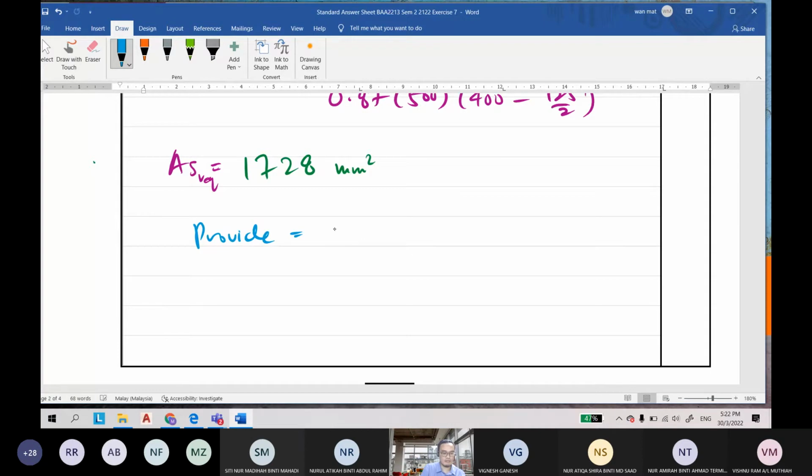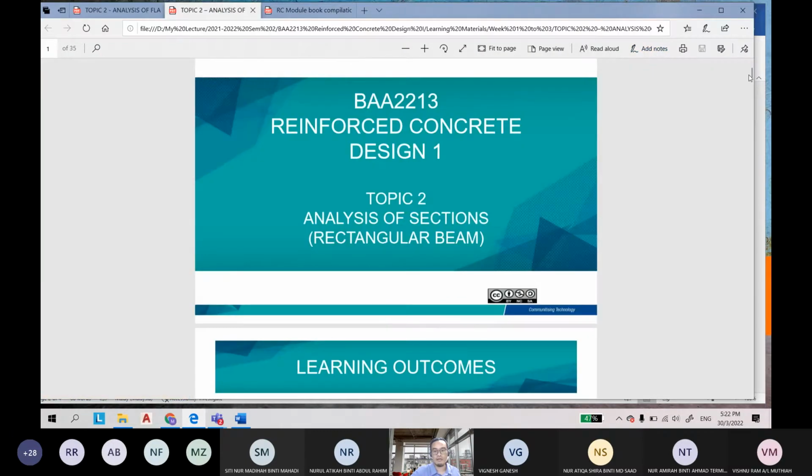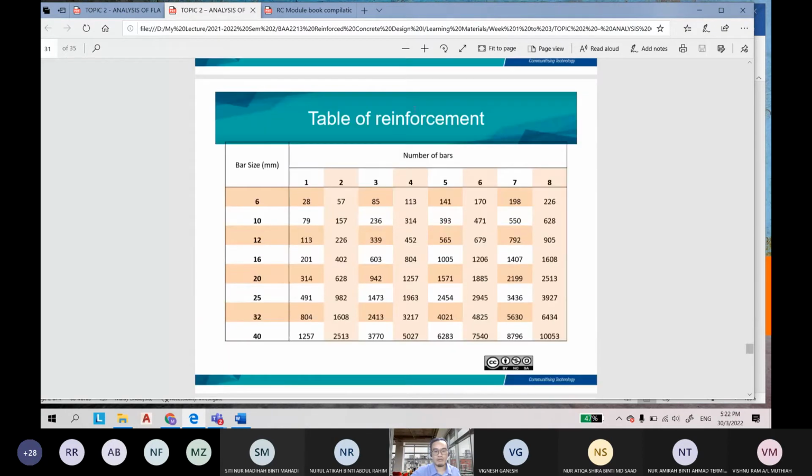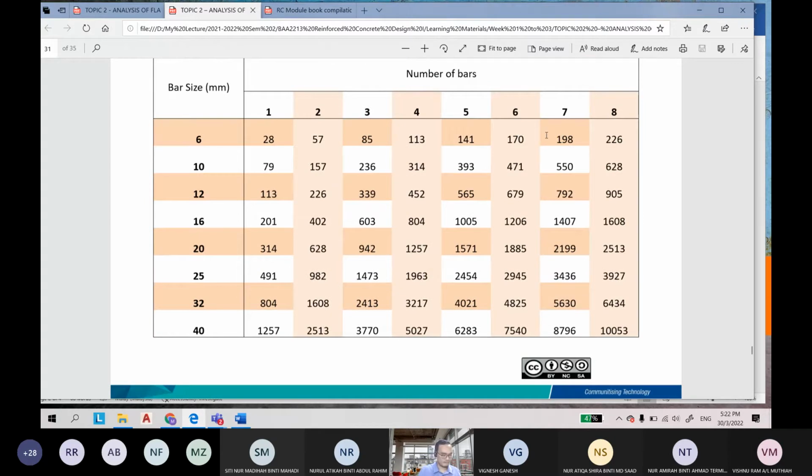What can we provide? You can refer to this table. Okay, 6H20, good. 6H20, 1885.